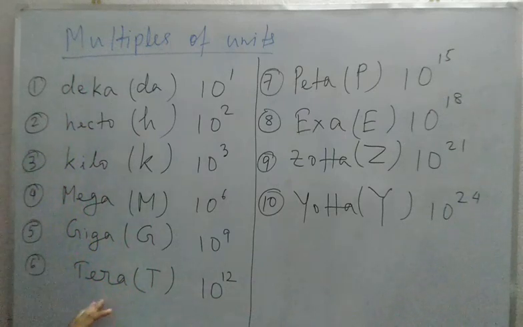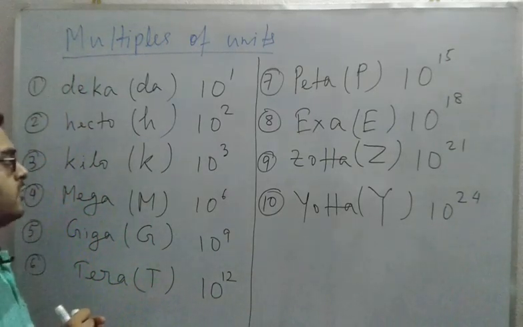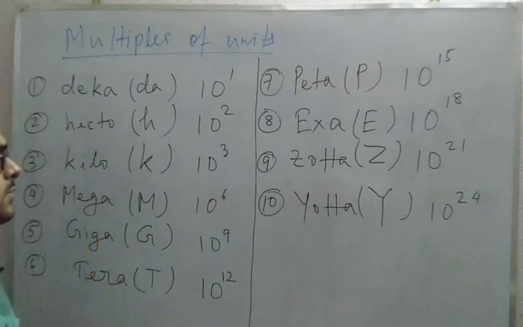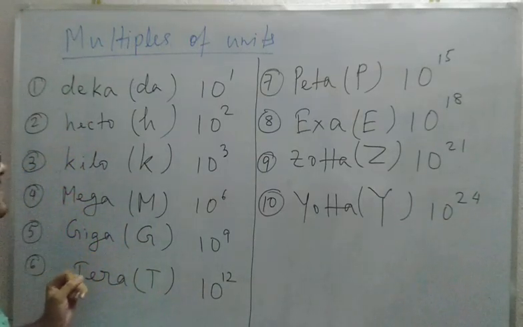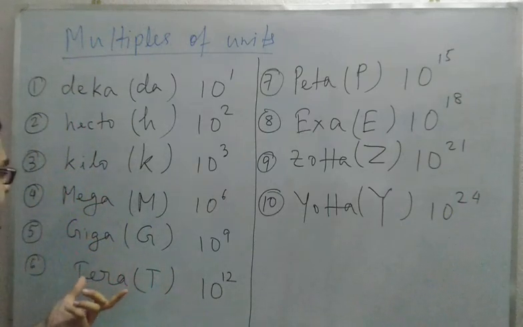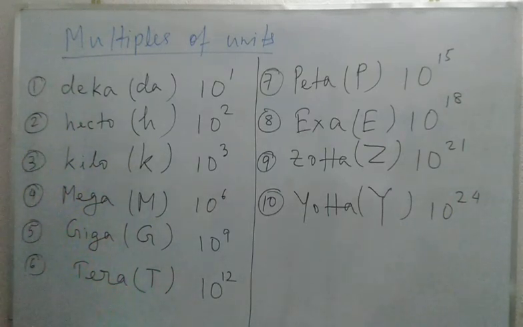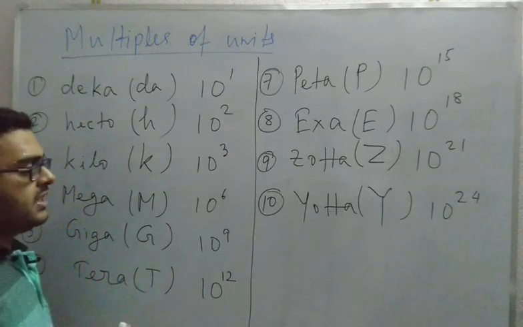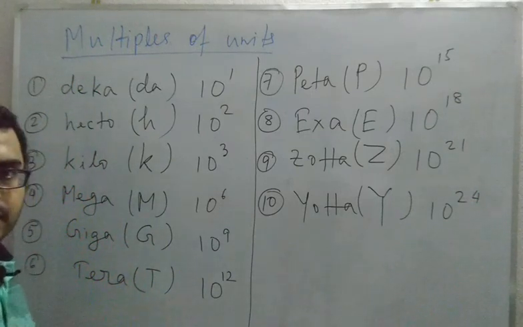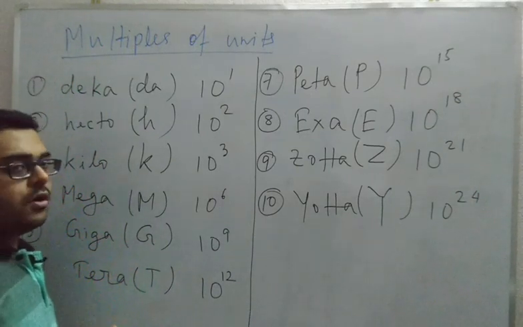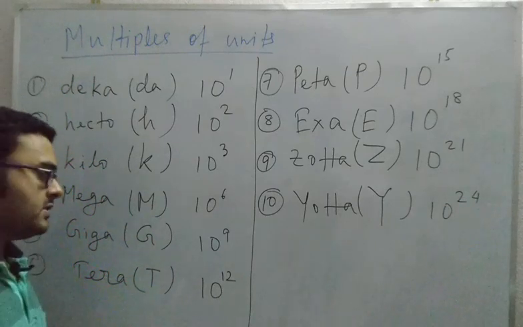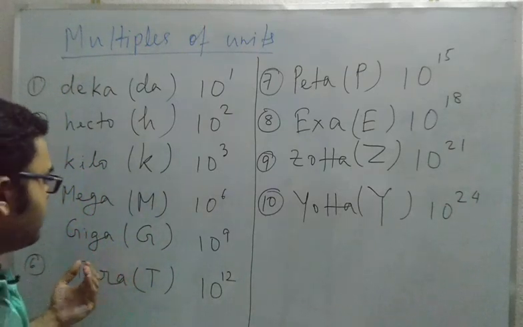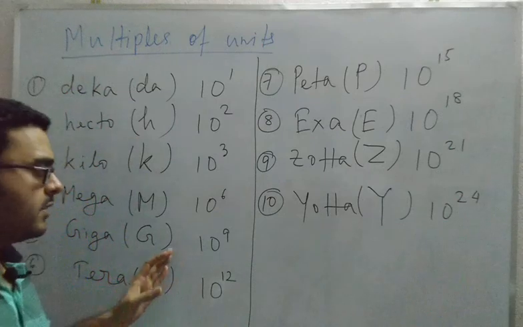So please note it down and try to remember this. I hope you are accustomed to quite a few of the multiples like deca, hecto, kilo, mega, giga and tera, because nowadays the memory in your laptops, computers or smartphones is in terms of gigabyte, terabyte, so it is quite familiar to you.